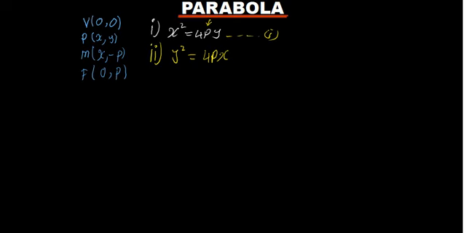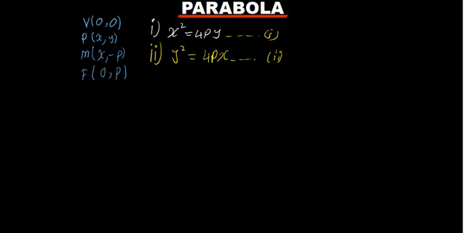All the same goes for the second equation. Whether or not the parabola opens to the right or to the left just depends on p. Is it negative or positive? Once again, it's not about how big it is or how small it is.